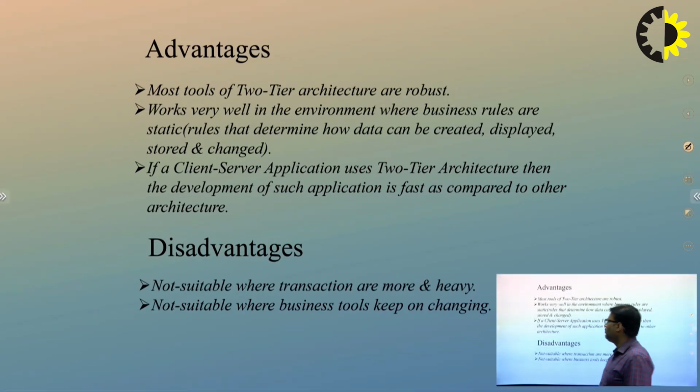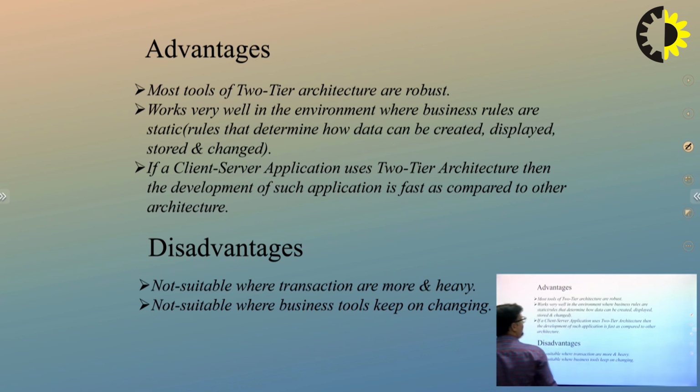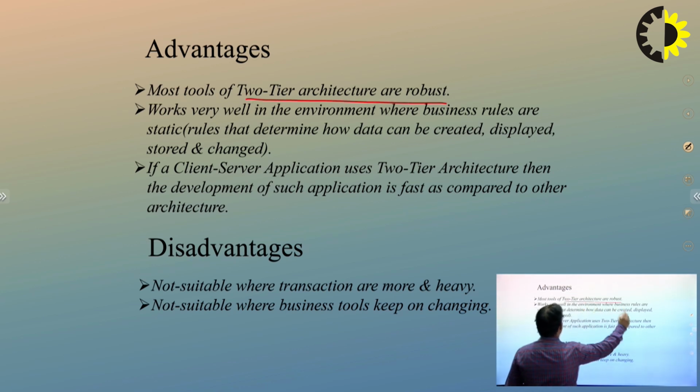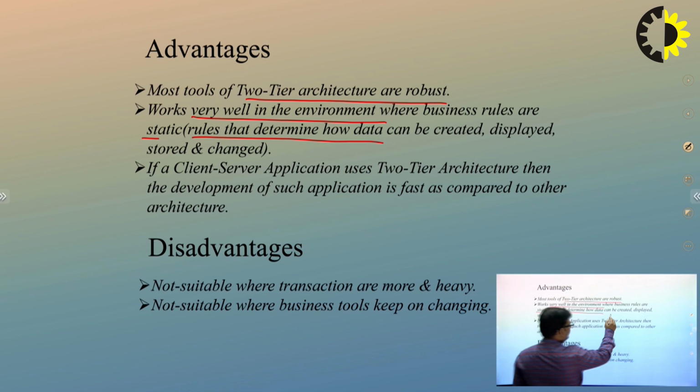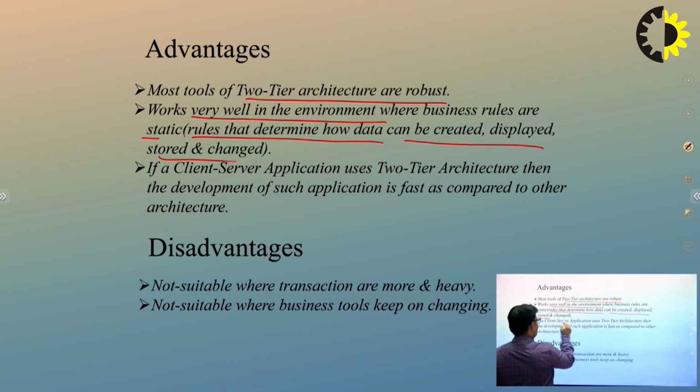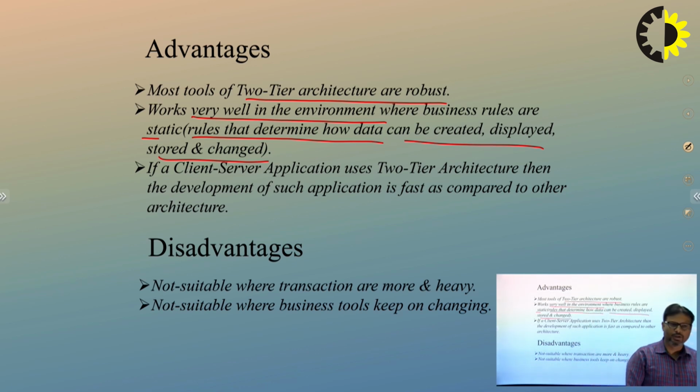Advantages: most tools of two-tier architecture are robust and work very well in environments where business rules are static, rules that determine how data can be created, displayed, and stored. If a client server application uses two-tier architecture, then the development of such an application is fast compared to other architectures.